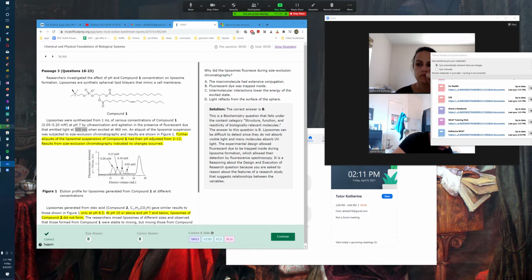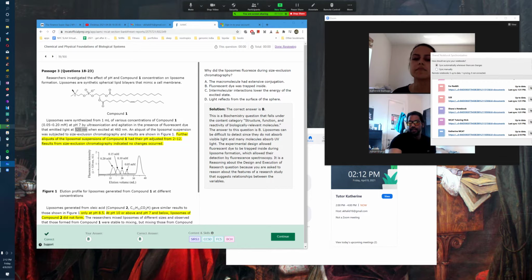Okay, so passage 3. Basically what they're trying to find is the effect of pH and compound 1 on liposome formation.